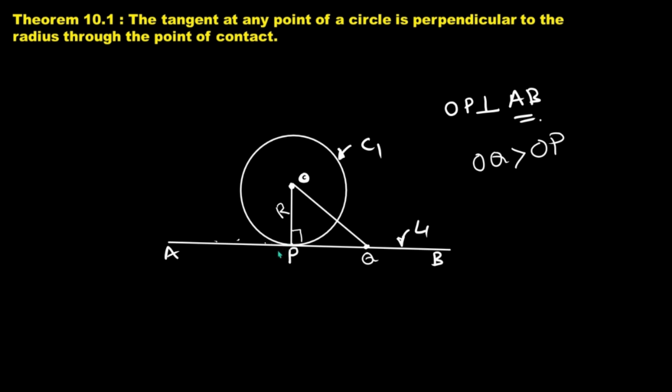Crossing the circle means all the points other than P, the tangent point. So this is OQ. Definitely, for all the points other than P, the distance is greater than OP. Clearly, OQ is greater than OP.